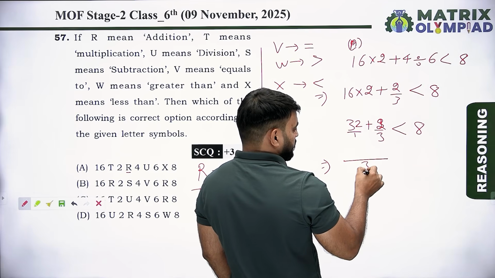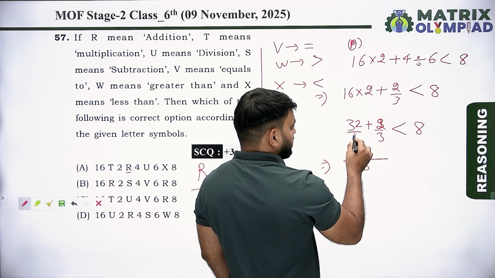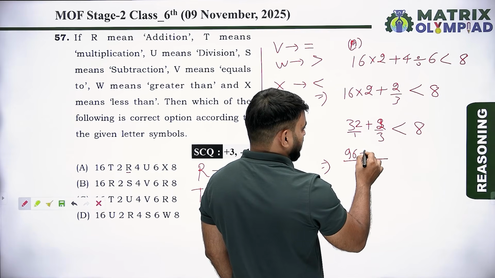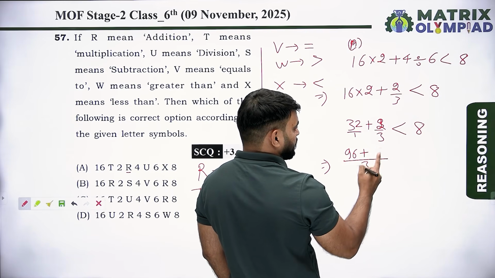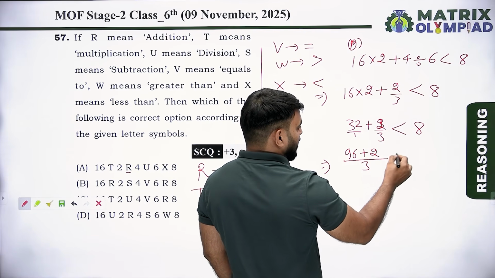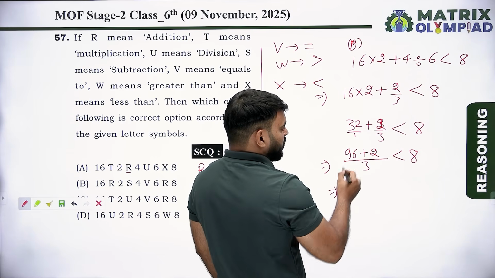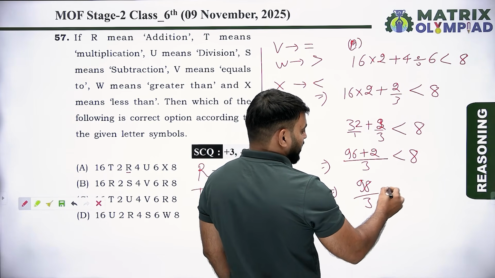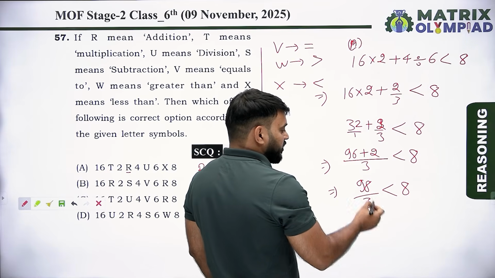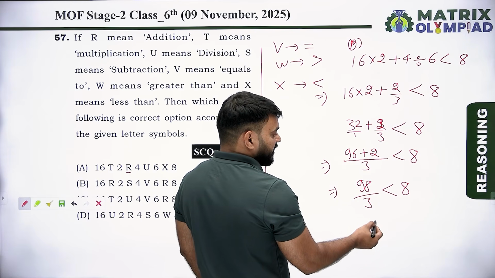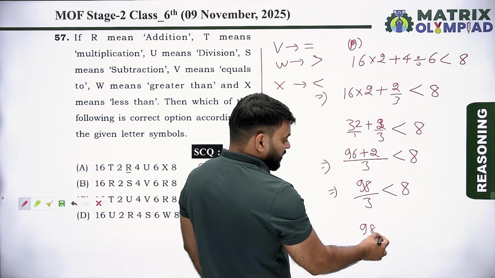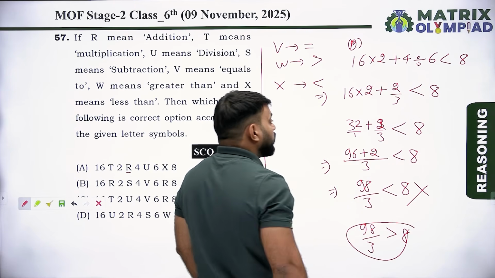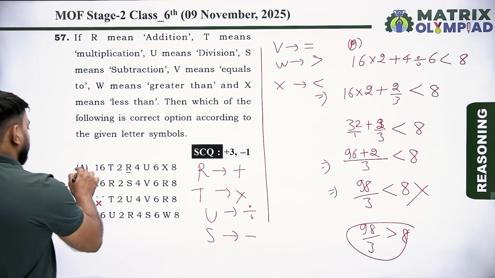So 3 divided by 1, it means 3 multiply by 32, it means 96 plus 2 divided by 3, less than to 8. Now 96 plus 2, it means 98 divided by 3, less than to 8. So 98 divided by 3 is greater than to 8. So here option A is a incorrect option.